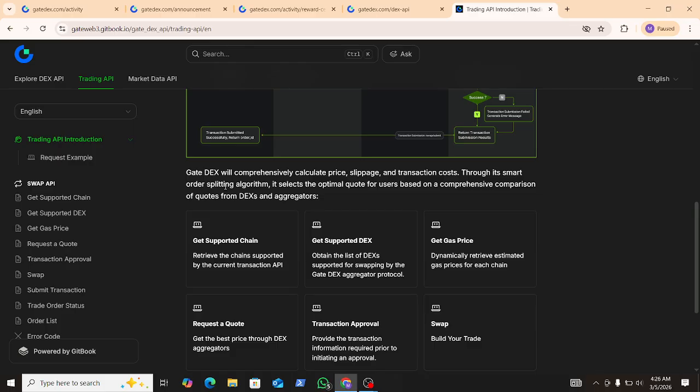Get spot chain. Retrieve the chains supported by the current transaction API. Get spot DEX. Obtain the list of DEXs supported for swapping by the Gate DEX aggregator protocol. Get gas price. Dynamically retrieve the estimated gas price for each chain.